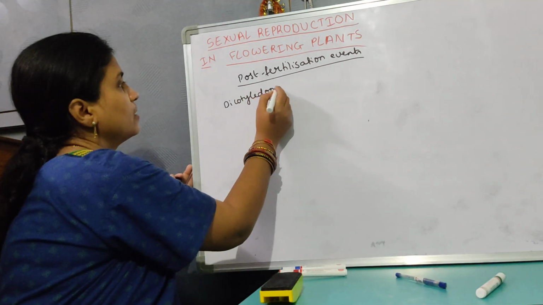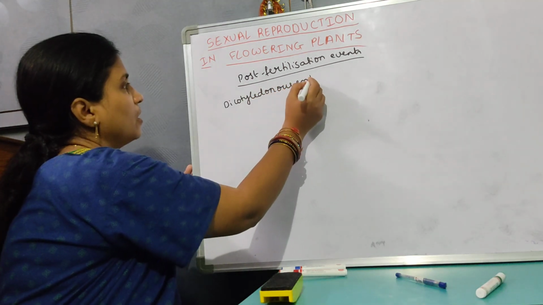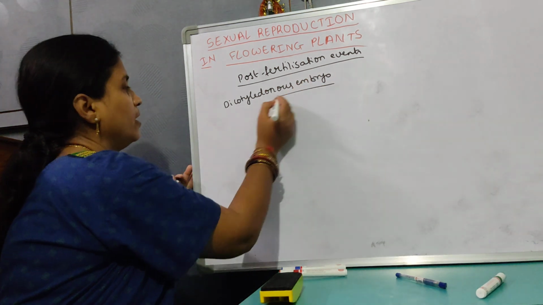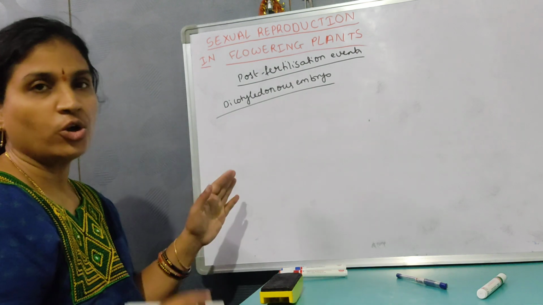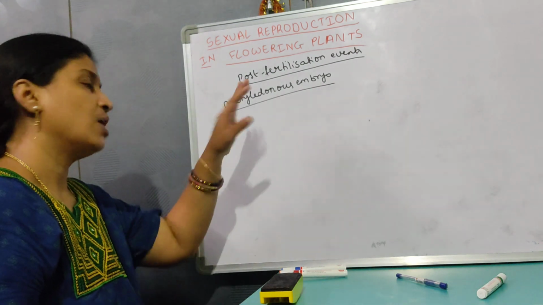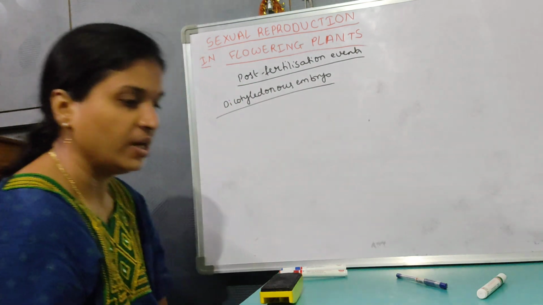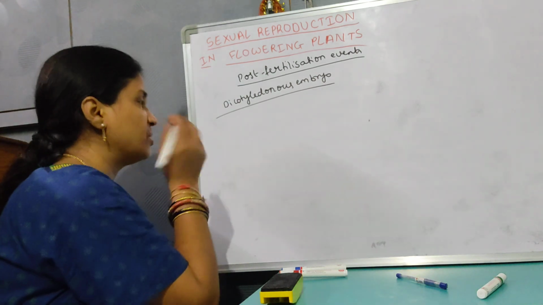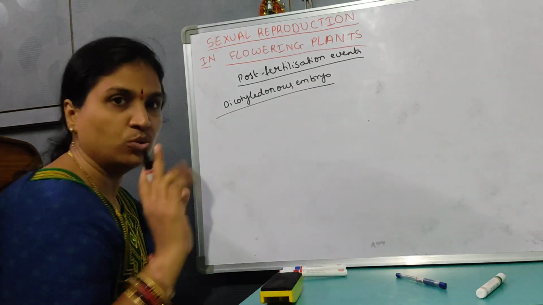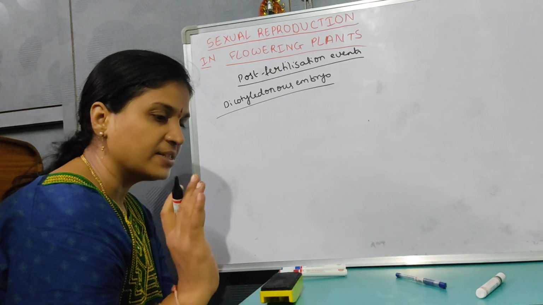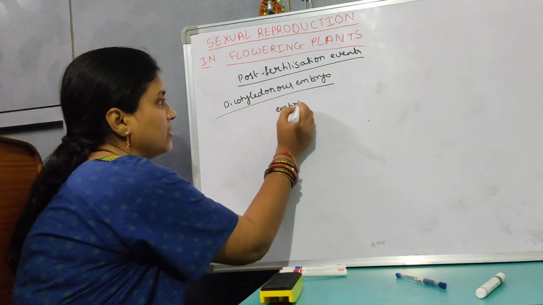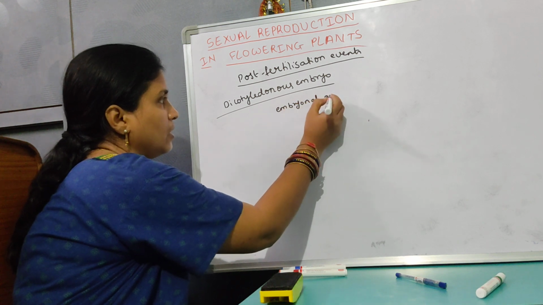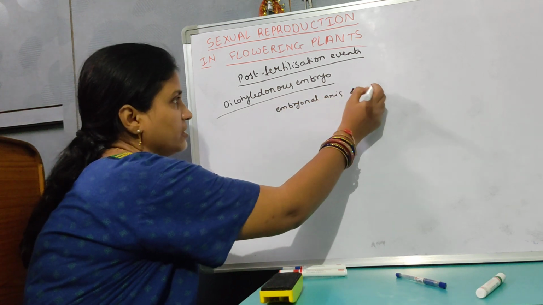Dicotyledonous embryo means the seed which is having 2 cotyledons. In that seed, how the embryo is there, we are going to study now. So this particular dicotyledon is going to have 2 parts. It consists of embryonal axis and cotyledons.